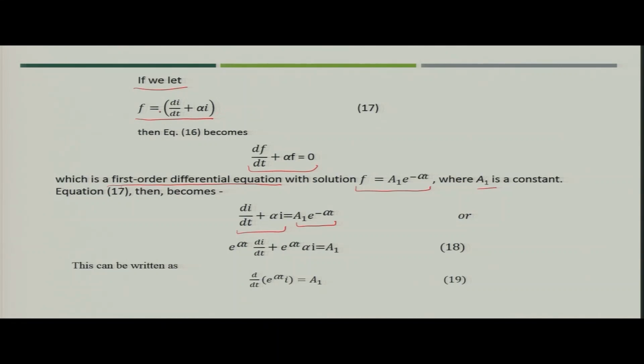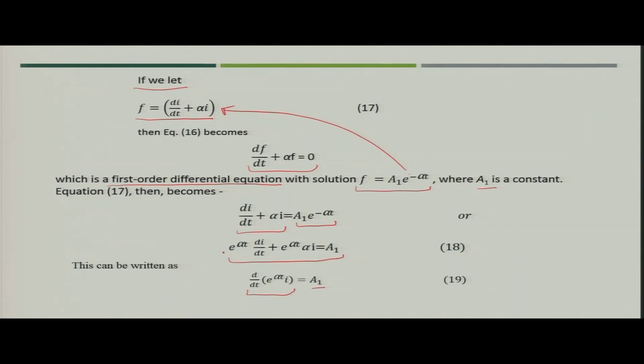So, if you see this equation, you have assumed f, and this value of f you have got as a1 e to the power minus alpha t; you put this value again in this equation. So, you will get di by dt plus alpha I is equal to a1 e to the power minus alpha t. When you rearrange, you will get this equation. Now, if you see the left hand side, e to the power alpha t di by dt plus e to the power alpha t alpha I is equal to a1, that is nothing but d by dt of e to the power alpha t into I is equal to a1.